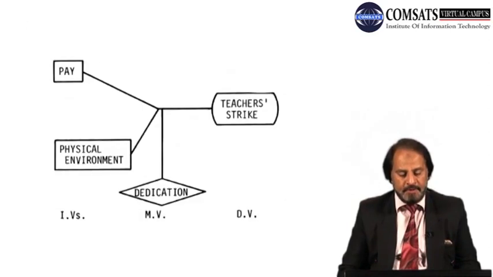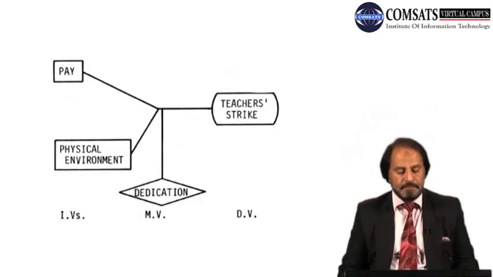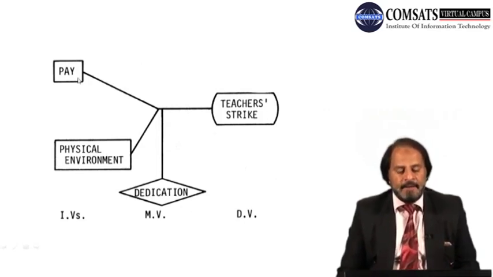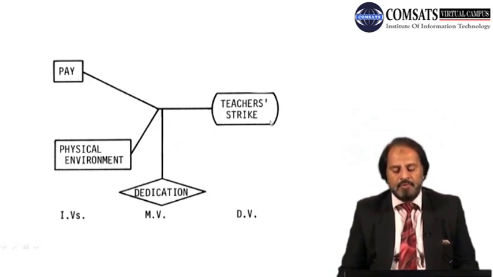Okay, so let's look at the next example. Let's say we are studying organizations where teachers might go on strike. We're saying that pay has an effect on teacher strikes, where the theory says the better the pay, the lower the chances of strikes, or the lower the pay, the higher the chances of strike.